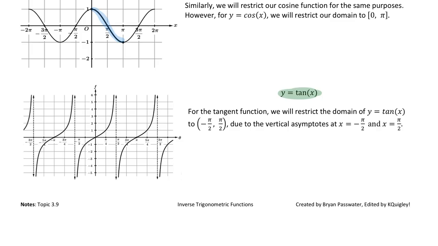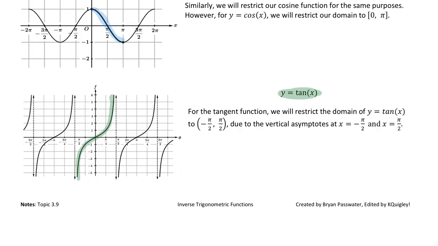Just like take one of the little things, right? So if I take one of those little elongated S's, if you will, I'm looking at this little chunk right here in the middle, going from the first negative vertical asymptote to the first positive vertical asymptote, which is from negative pi over 2 to pi over 2 exclusive. So not including the vertical asymptotes, obviously, because we can't use those.